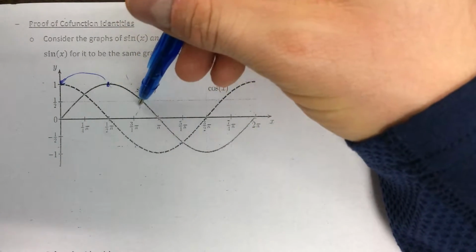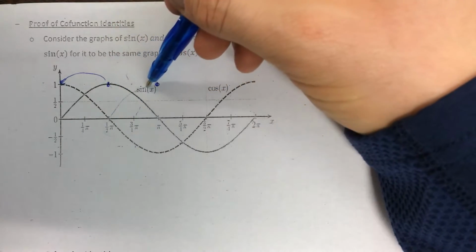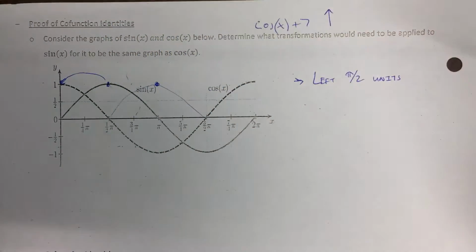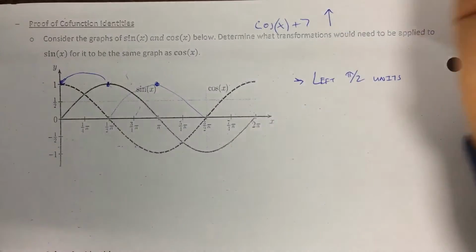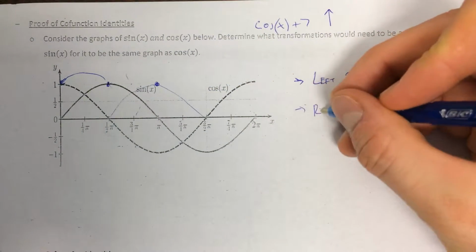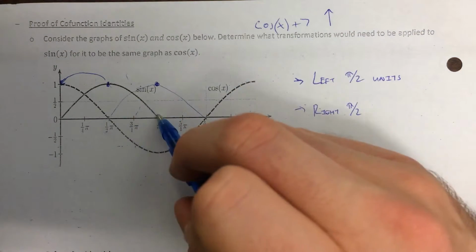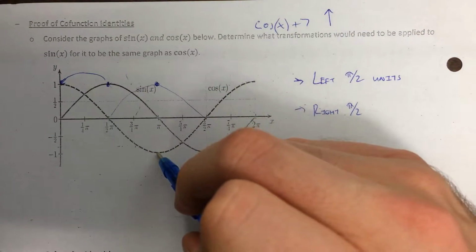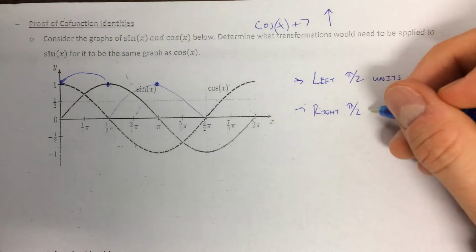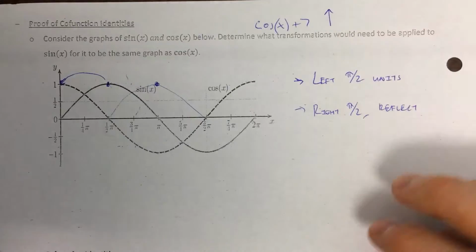That would make it look something like this, and keep going. But I need it to be down here, so we can move it to the right pi over 2. But if we move it to the right pi over 2, we would also need to reflect it. If we reflected it, it would be directly on top of cosine.